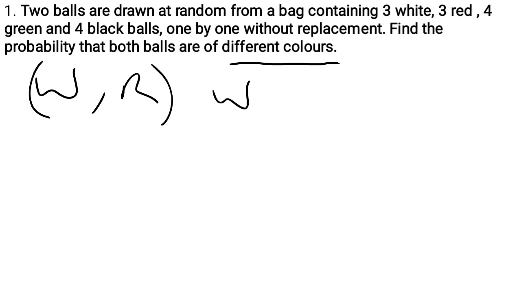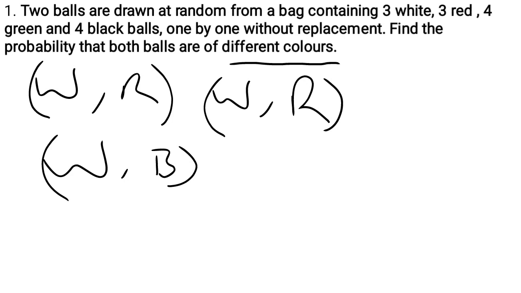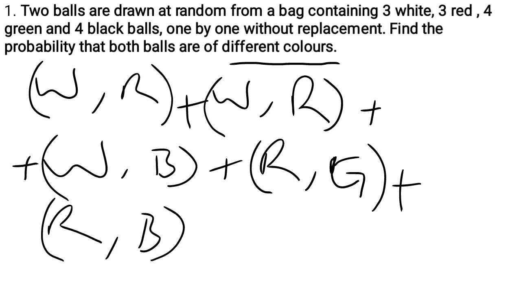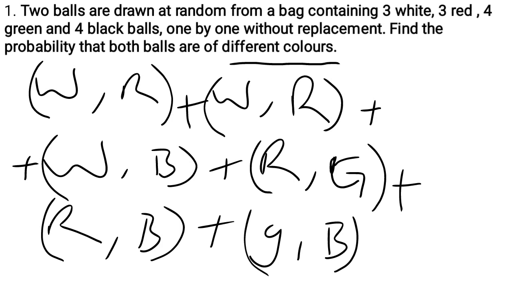We are also going to have the probability of getting white and green, white and black, then red and green, red and black, plus the other probability we're going to have, green and black. So these are the probabilities that we are going to have.